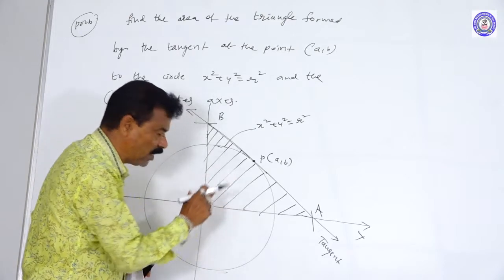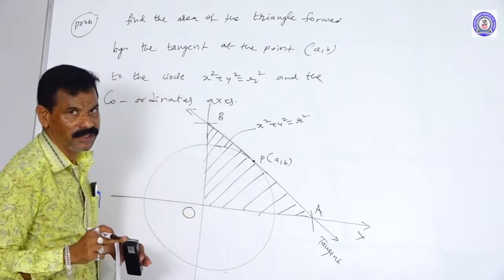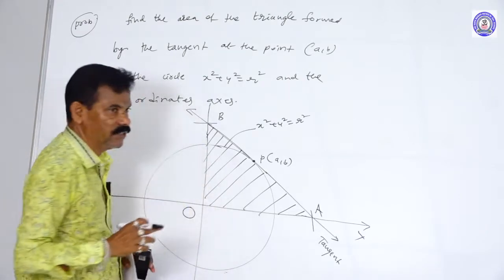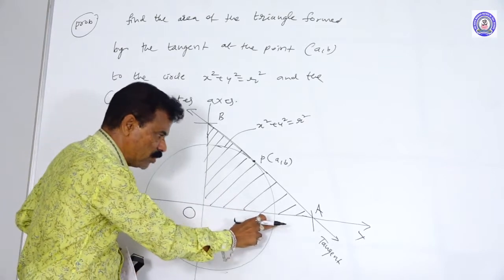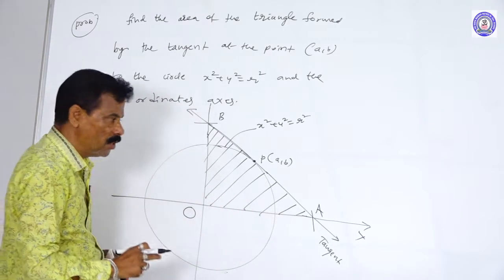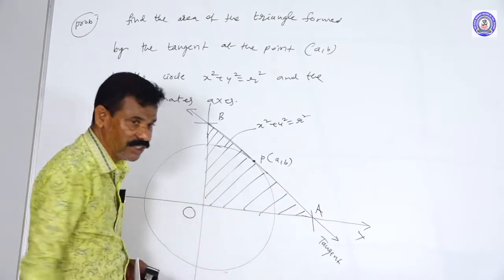So here for the area of the triangle, we need the x intercept and y intercept as base and height. Area of the triangle is equal to half into base into height. Base means here x intercept, height means y intercept. First we find the tangent equation.